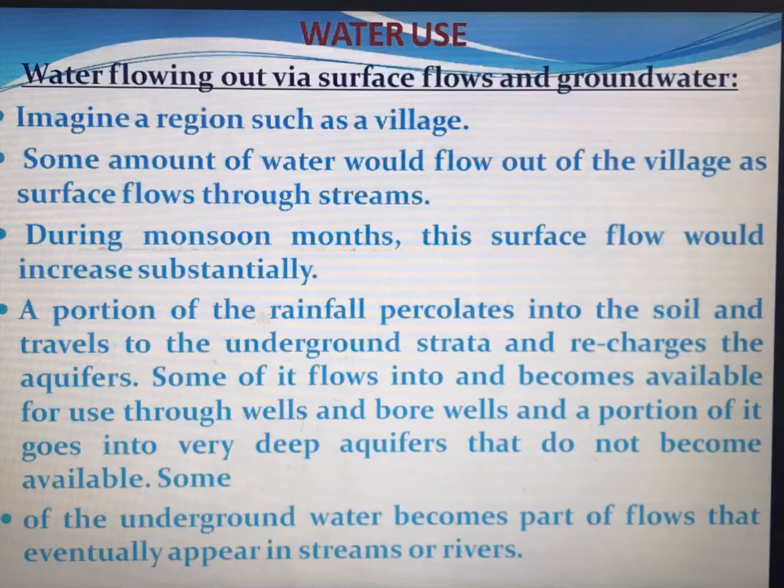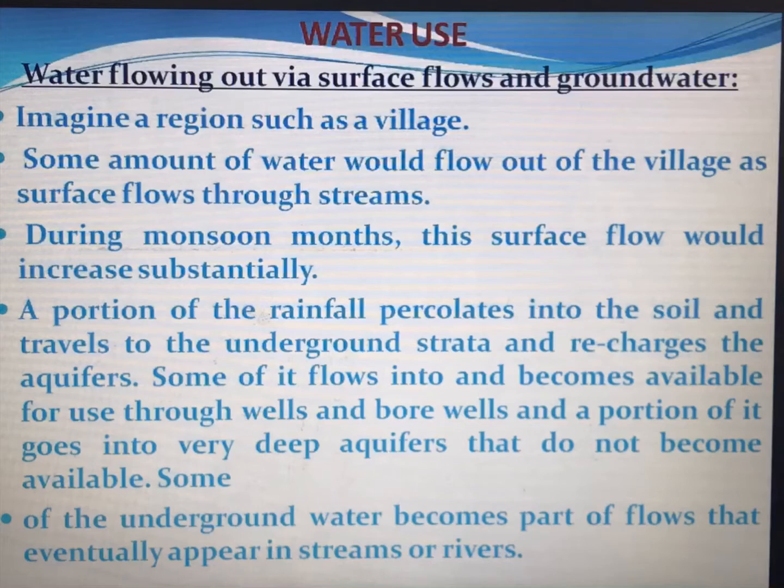Some of it also becomes available for use through wells and bore wells. That is where the water from wells and bore wells comes from. And a portion is in very deep aquifers that do not become available.